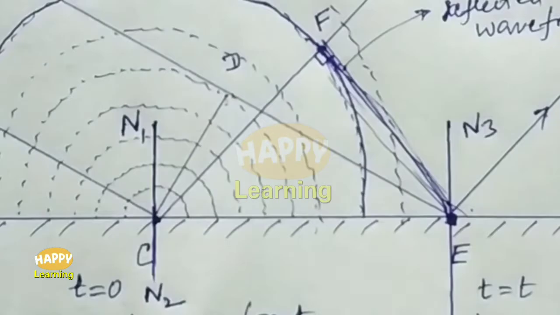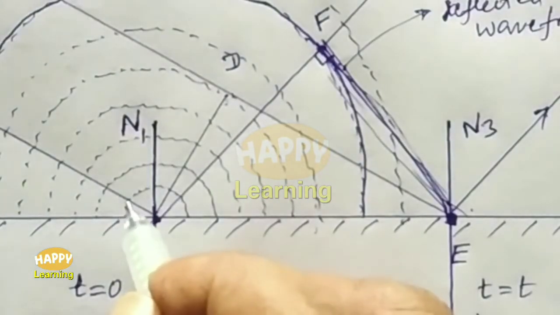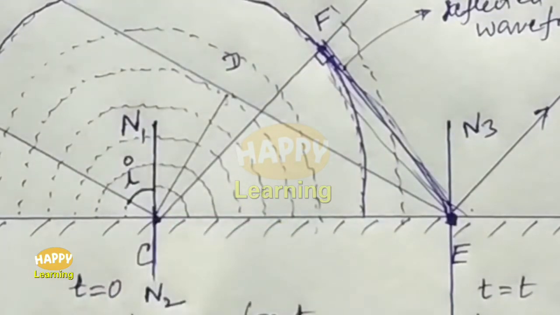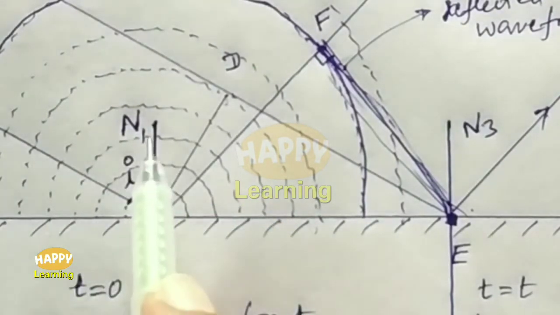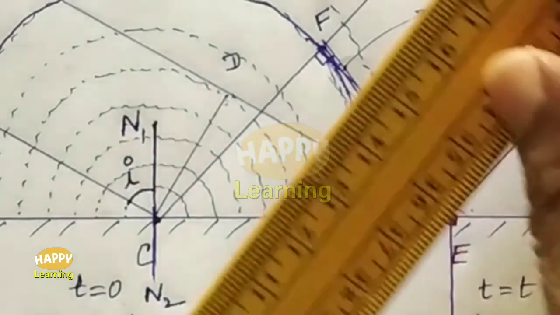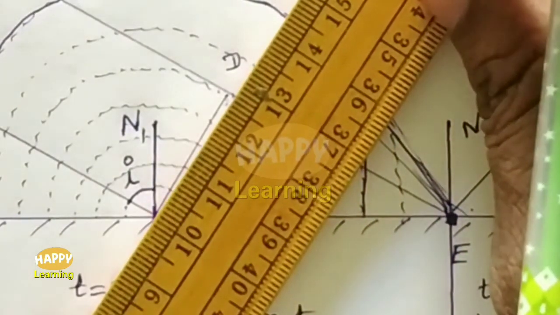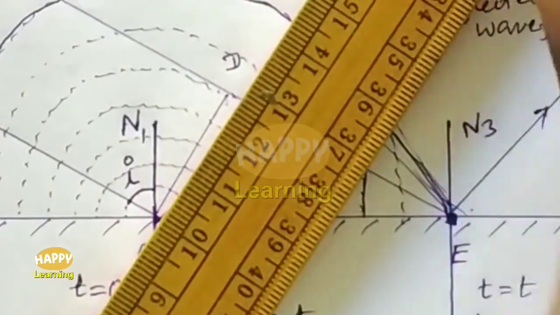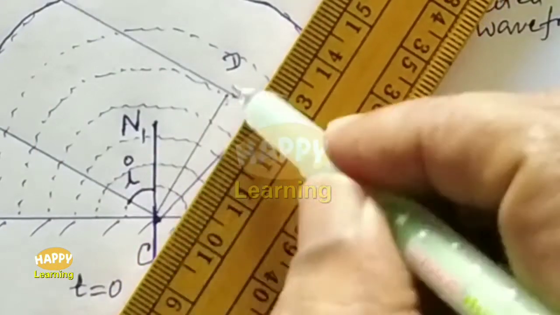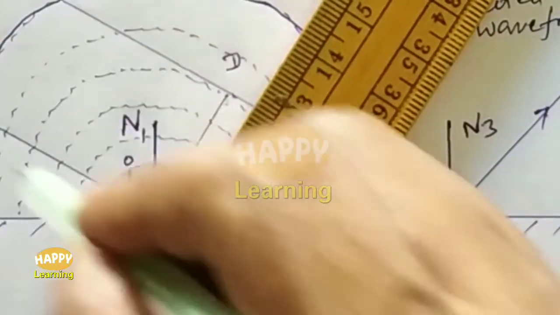Okay. We call the angle of incidence as I. The angle between the incident ray and the normal is called angle of incidence I. Because this is perpendicular, wavefront is perpendicular to the incident rays. This wavefront CD is perpendicular to the incident rays.